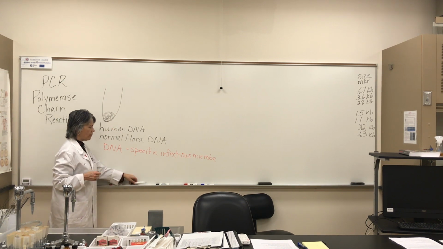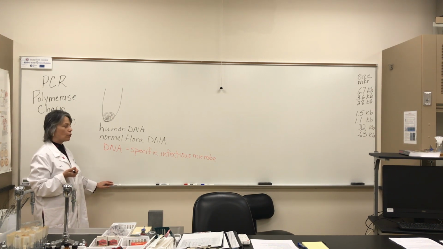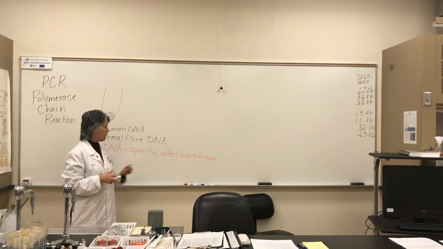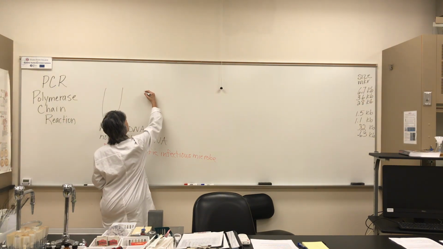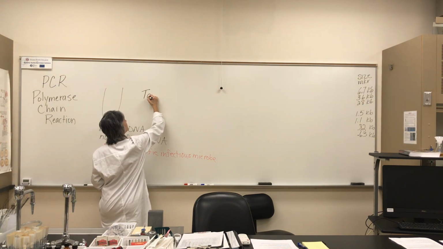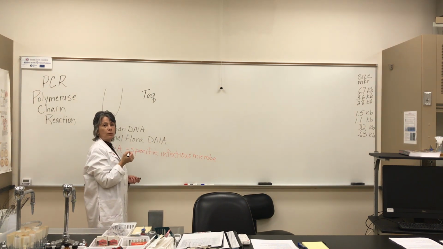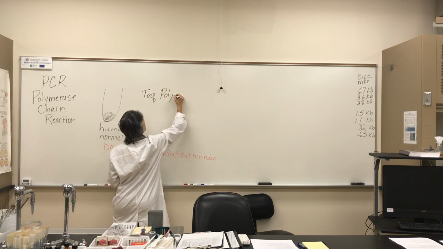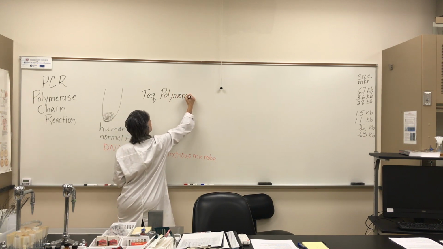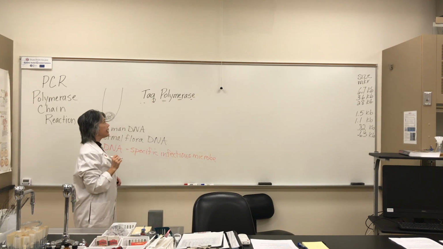So PCR was invented in 1983 by Kary Mullis. He did get a Nobel Prize. A key part of the PCR reaction is an enzyme isolated from a microbe that lives in hot springs in Yellowstone National Park. So the discovery of this Taq polymerase is key.